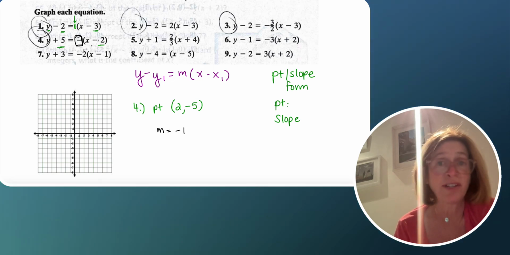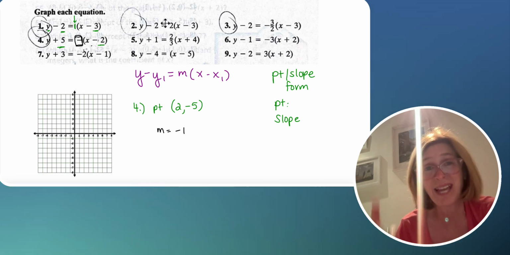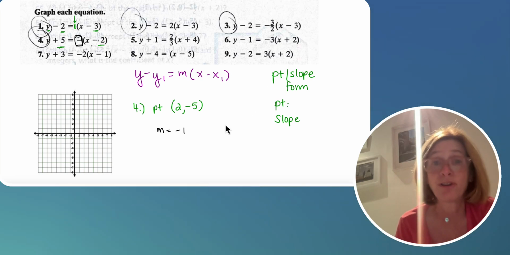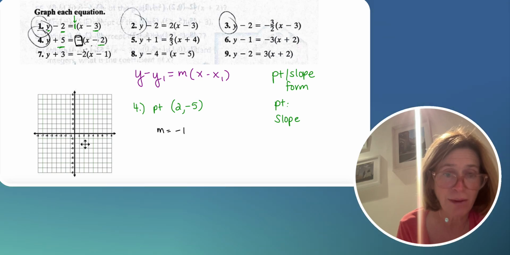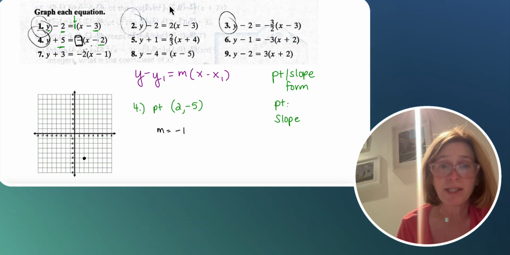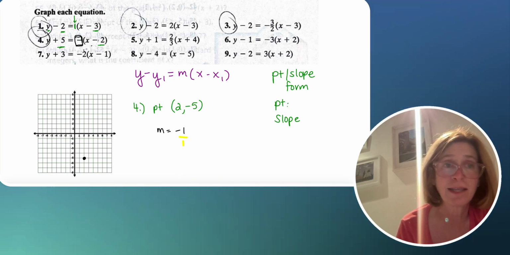This is very similar to slope-intercept form, but instead of starting on the y-intercept, you're going to start at the point 2, negative 5. I'm going to go over 2 and then down to negative 5, and plot a point. Then I'm going to use my slope, which is negative 1. Let me switch colors.